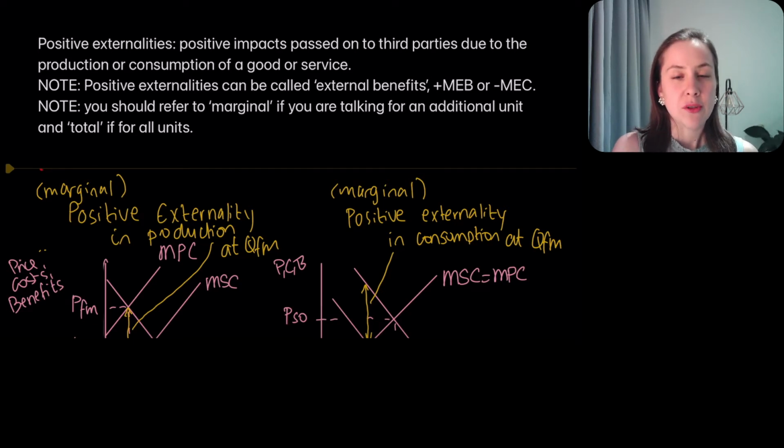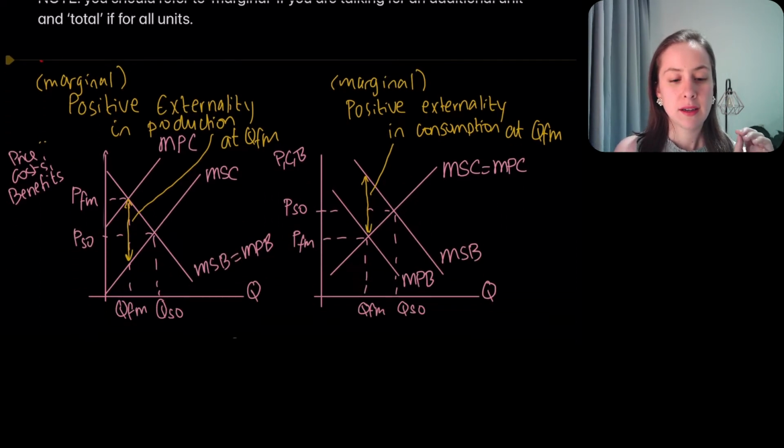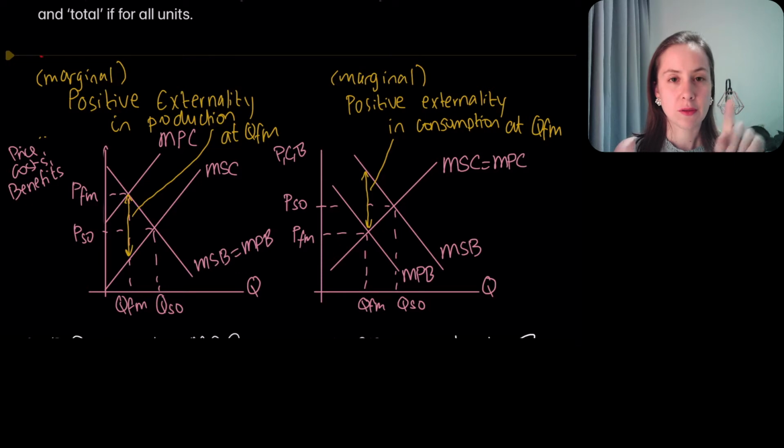You should refer to marginal if you're talking about single units or additional units, and you should talk about totals if you're referring to everything. Here I've got two graphs and a yellow line. That yellow line is the marginal externality at QFM.